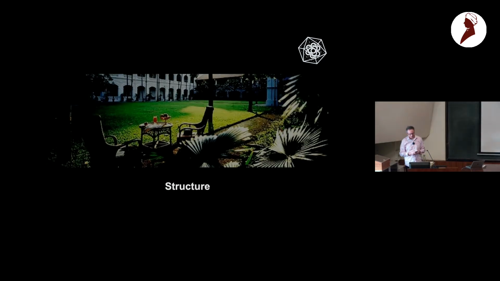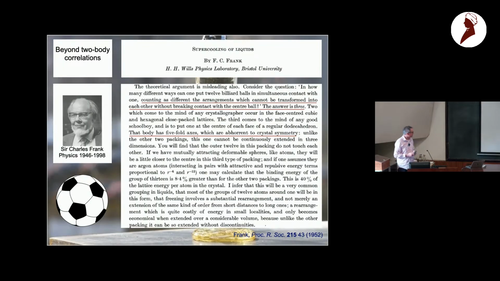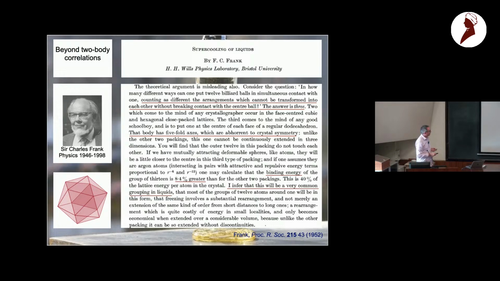So for me, structure goes back to Charles Frank, and Frank argued that there are 3 ways of organizing 13 Lennard-Jones particles. There's the face-centered cubic, the hexagonal close-packed, and there's another body which has 5-fold axes, which are abhorrent to crystal symmetry, and that's the icosahedron, which is pictured here.